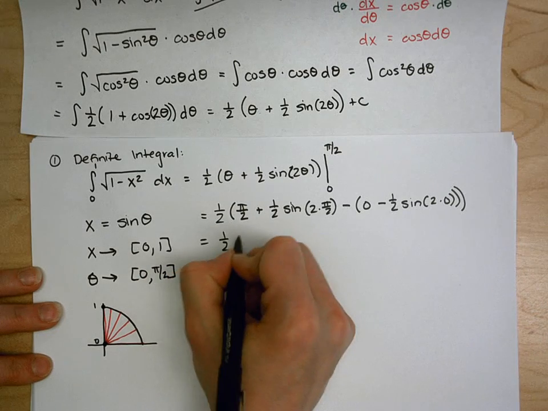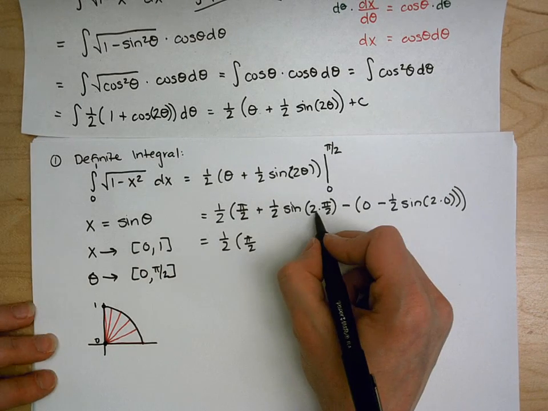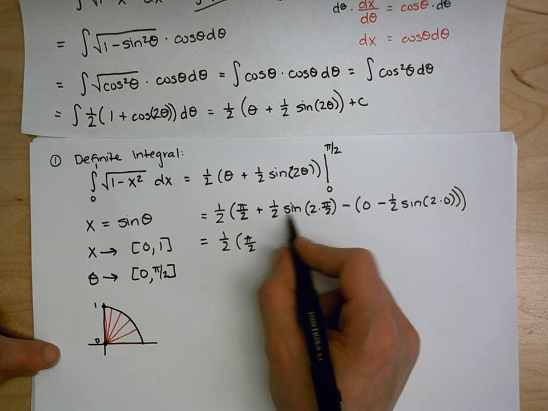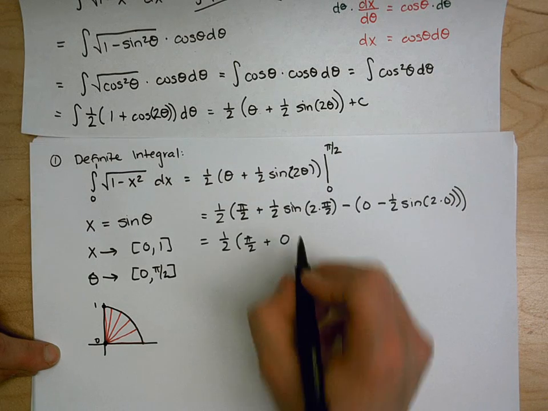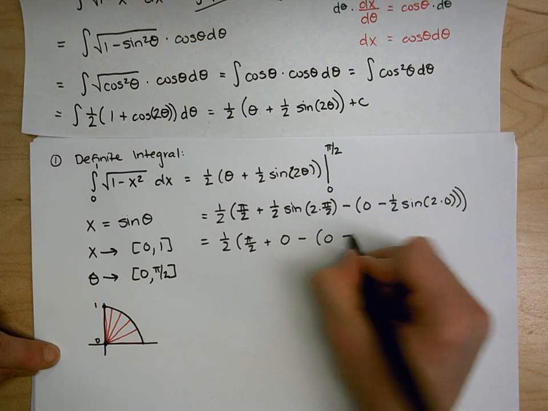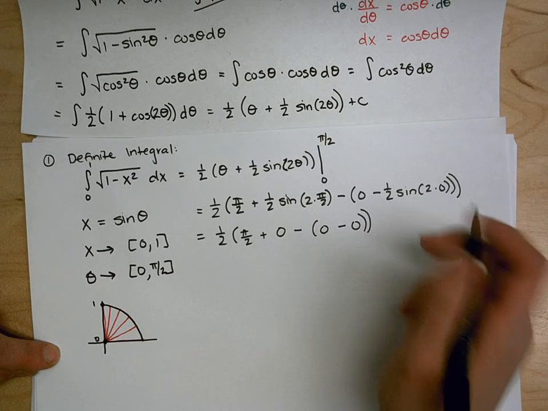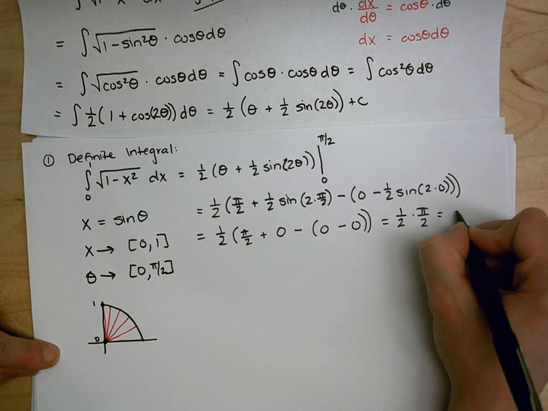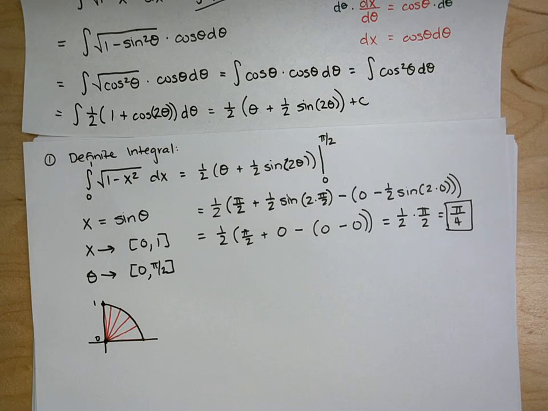1/2 pi over 2. Let's see, this would be sine of pi. Pi has an angle, or sorry, a sine, a y coordinate of 0, minus 0 minus sine of 0, which is also 0. So basically all the stuff over here gets wiped out, leaving me with 1/2 times pi over 2. And there's that pi over 4 value that I was looking for.